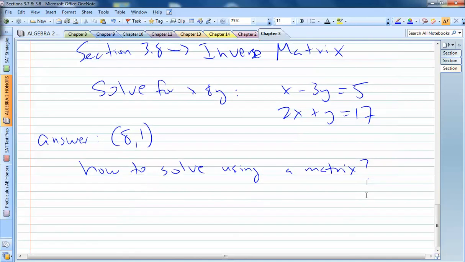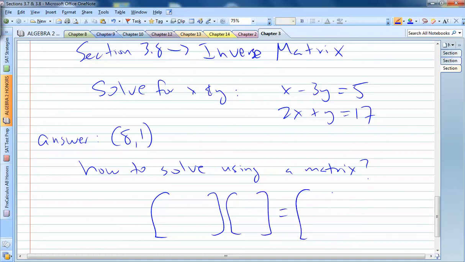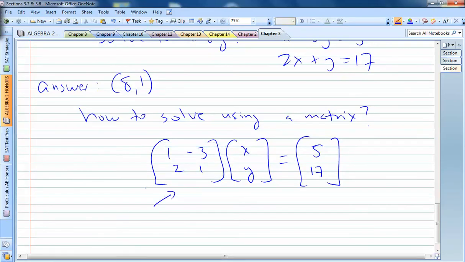Here's what we're going to do. We're first going to organize our information into matrices. So 5 and 17 get their own matrix, x and y get their own matrix, and the coefficients get their own matrix. This is the coefficient matrix, and this right here is the variable matrix.